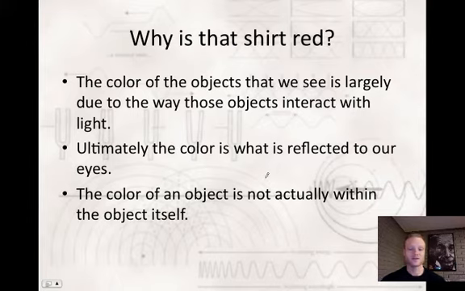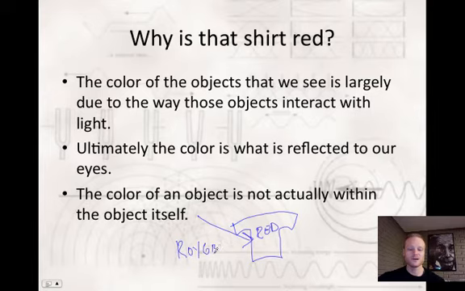Okay, so if we go with this example of this red shirt, which I know I'm using a blue pen, which doesn't help, but here's this red shirt. It is red. How come it appears red? Well, basically what's happening is light, white light, which includes all the colors of the rainbow, Roy G. Biv, strikes this shirt.